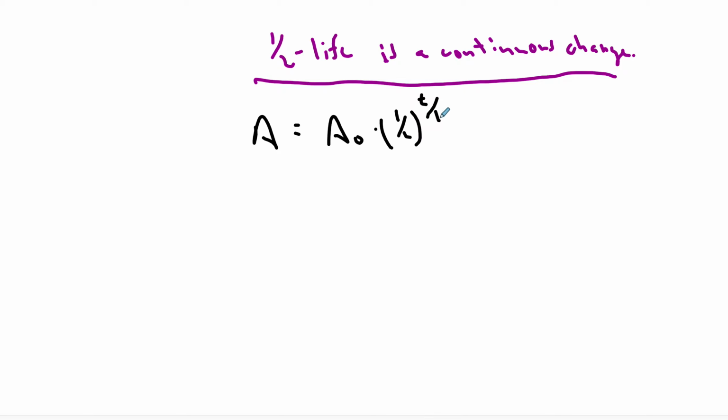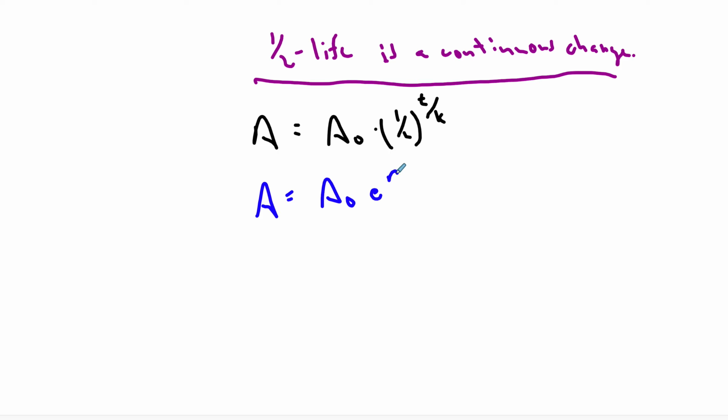So T over K, right? Let's say it's years, right? It's a continuous change, which means this substance doesn't all change at once, just like a population wouldn't, which means that you could think of this in terms of a continuous change, where then you'd have this.